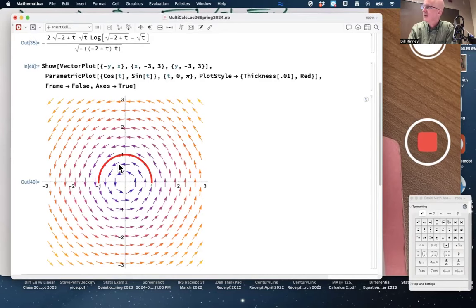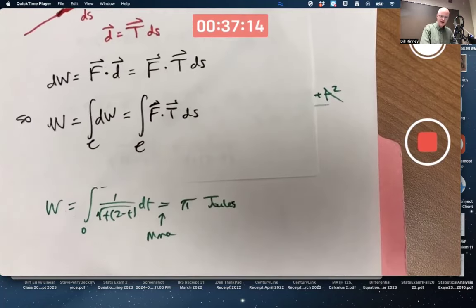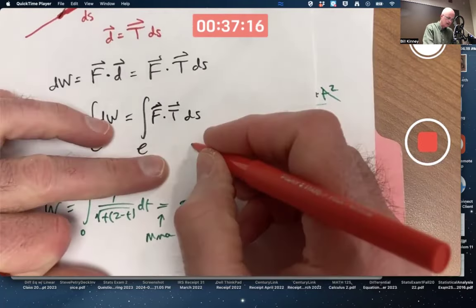The vector field is tangent to the curve. The dot products that you get, F dot capital T, would all be equal to the magnitude of F.